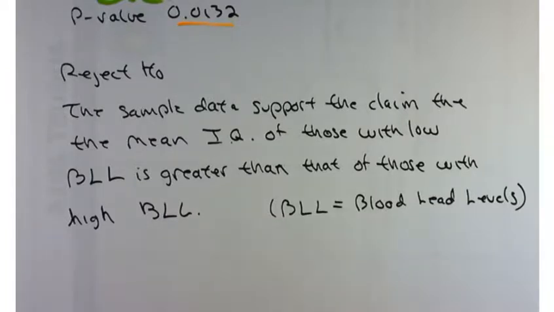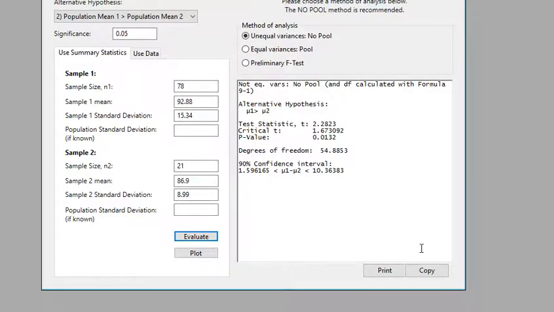Let's actually look at the confidence interval related to this as well. So the confidence interval is for the difference in those two means. So if you subtract the mean score of those people with high blood lead levels from those with low blood lead levels, the difference is thought to be in here someplace between about 1.60 and 10.36.